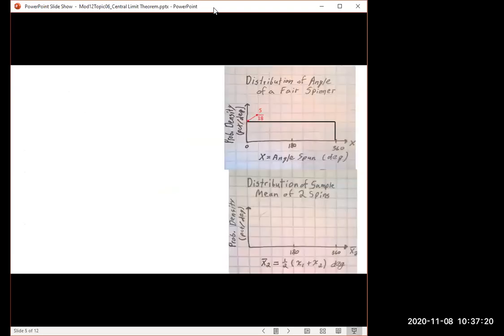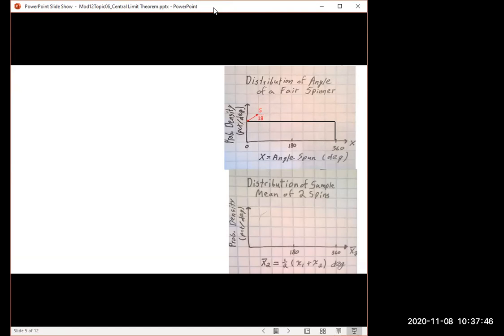Now, we want to work out the distribution of the sample mean for spinning it twice. So, the idea is we'd spin it twice and get the average. And then we'd spin it twice and get the average again. You get a whole bunch of these sample means for samples of size 2.